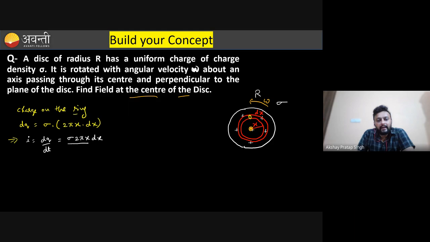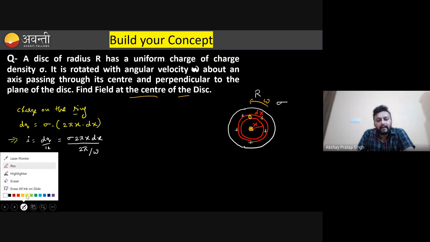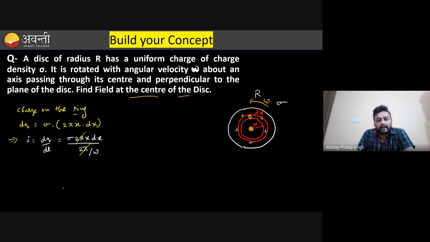This charge is divided by the time period. We have taken the complete charge, and this charge is rotated in one complete circle. So charge transferred divided by time period. Time period of revolution is 2 pi by omega. You can cancel out a few things here: 2 pi and 2 pi will be cancelled. So I will be sigma omega x dx. This is the current in this ring.